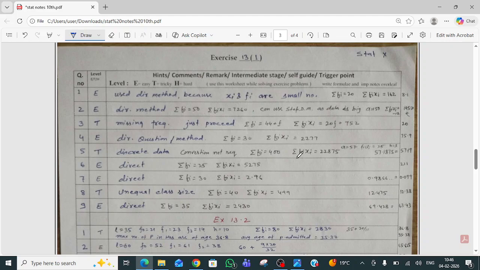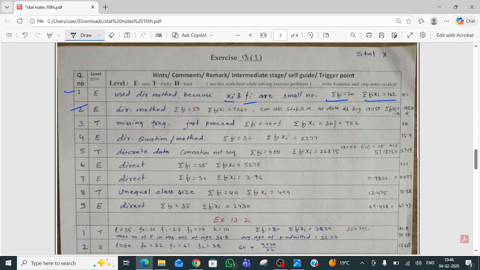Now, in this first exercise, the first two questions have nothing much. In the first question, xi and fi are small numbers, sigma fi will come 20, sigma fi xi will come this. They are asking the mean.